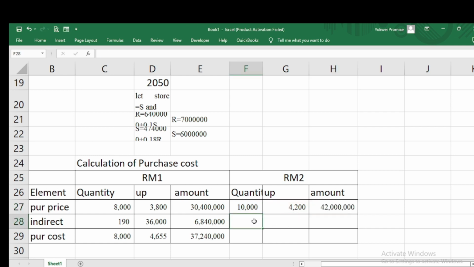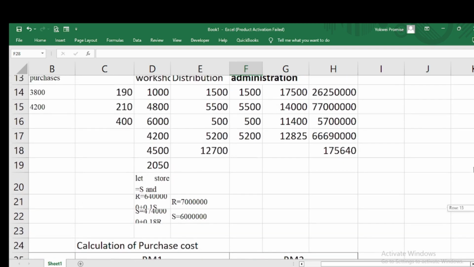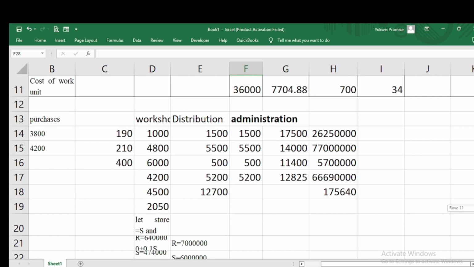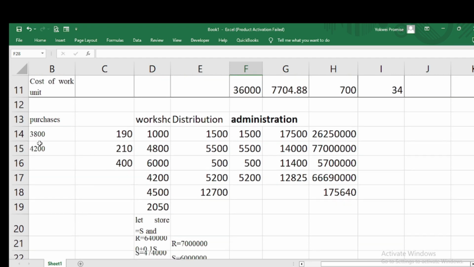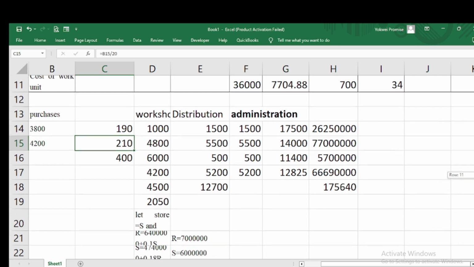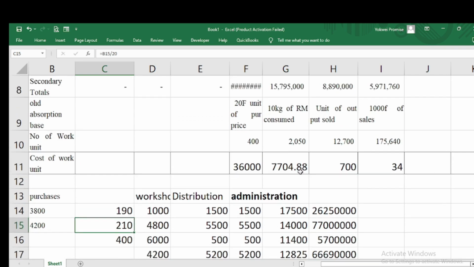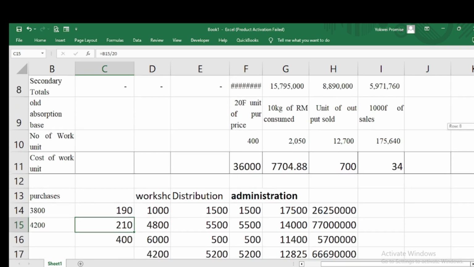Then the indirect now, let's go up. With the indirect, since this one is 4,200 units, we take the 4,200 and divide by 20 as well. When we divide by 20, we have 210 units, which will still be evaluated at 36,000. Awesome.